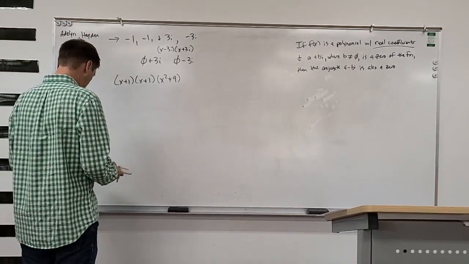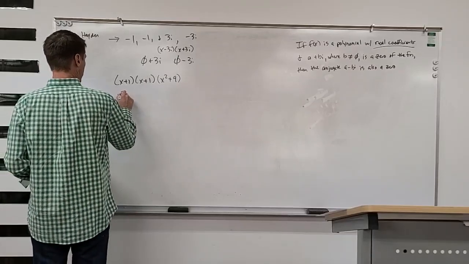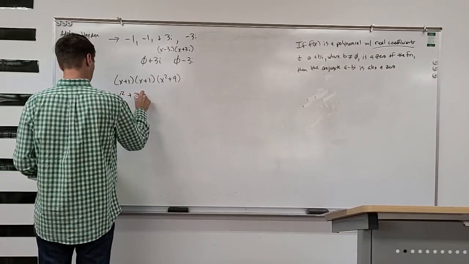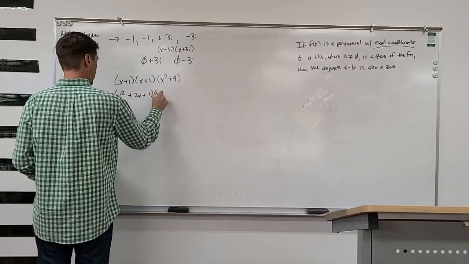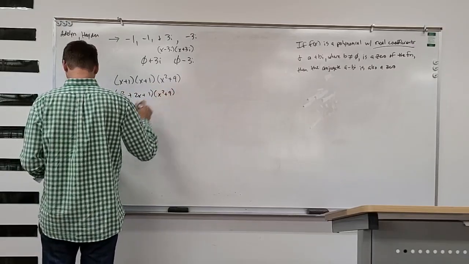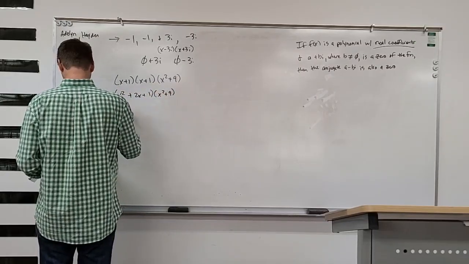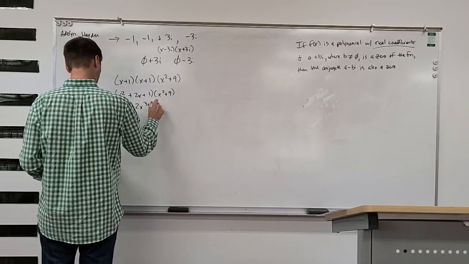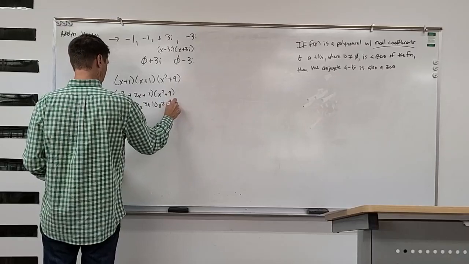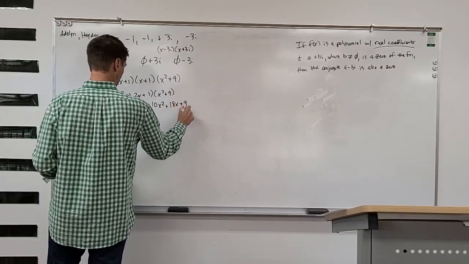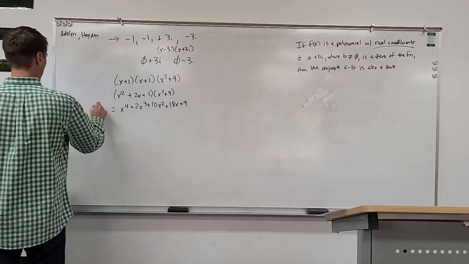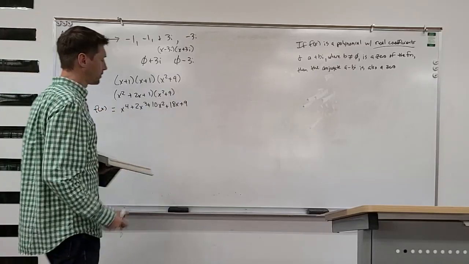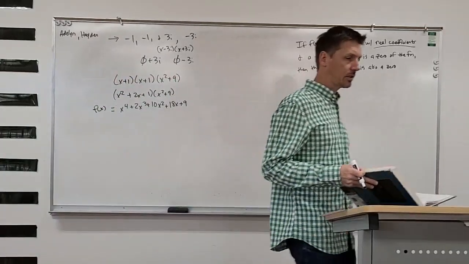All right, so now this is x squared plus 2x plus 1 times x squared plus 9. So we just have to multiply each term times one another. And when it was all said and done and we simplified, we would get this equation here. All right, that would be our f of x. Does that make sense to everybody?